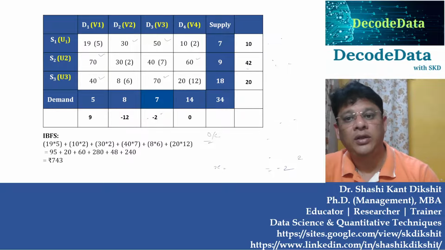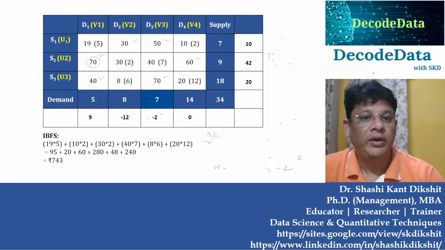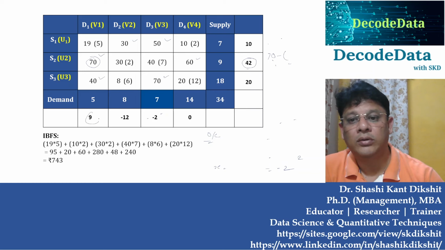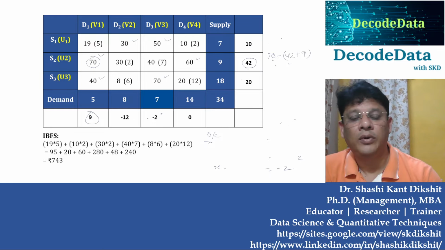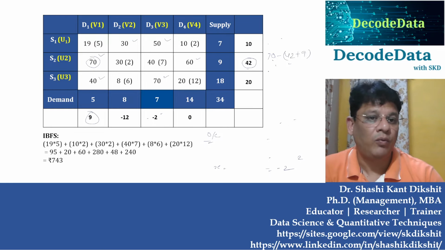So let's take the 70. So what I'll do? 70 minus this plus this, right? 42 plus 9, right? So 42 plus 9 is 51.